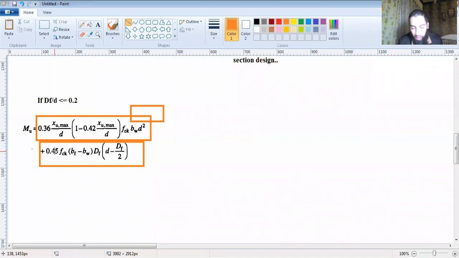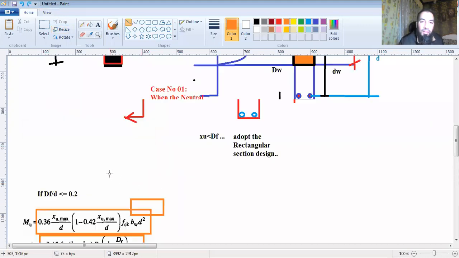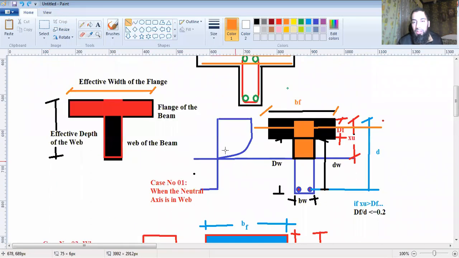If you recall, when we worked out the stresses, we had 0.447 fck as the maximum compressive stress. So this is 0.447 fck or 0.45 fck. It comes from there, because for this portion the behavior would be uniform. The stress behavior in this portion would be uniform.